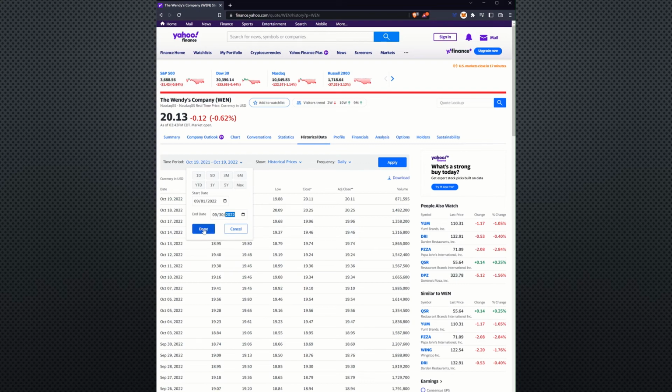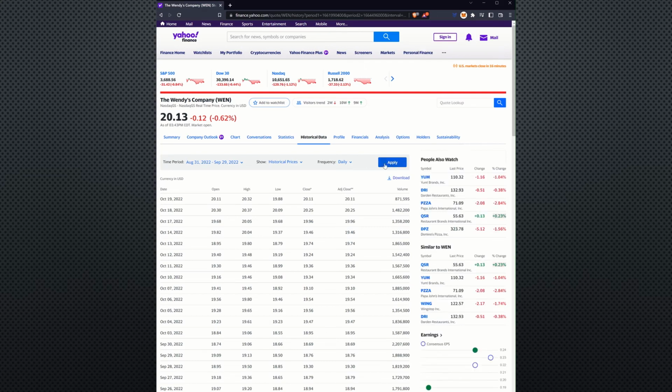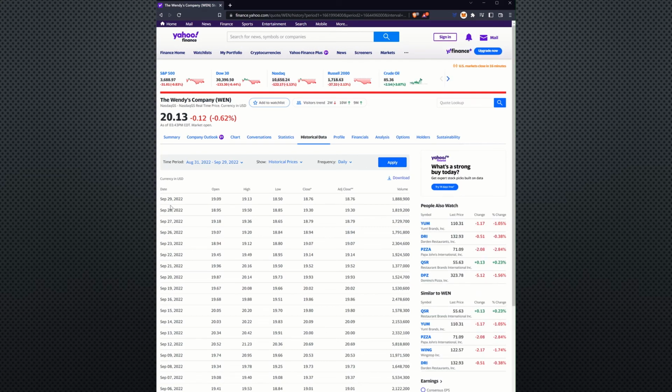Then we press done, and you can take a quick peek at the data that's listed on the screen. It says October 19th. Oh, the reason being is the next button you have to hit is apply, and when you apply it, it should change this data here. So September 29th is the last day that it has data for that month. Okay, it looks good.